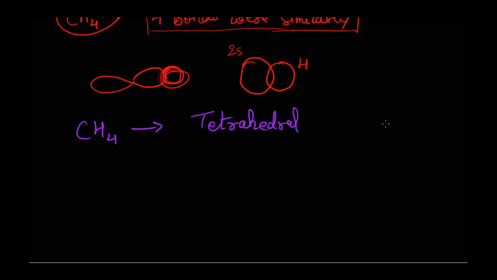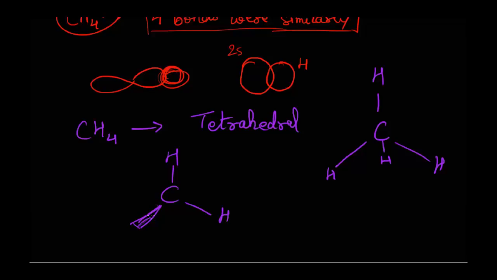If I have to write CH4, I'll write it something like this. These are my hydrogens. Or if you know the wedge and dash structure, I can write it with 1 hydrogen coming out and 1 going in.